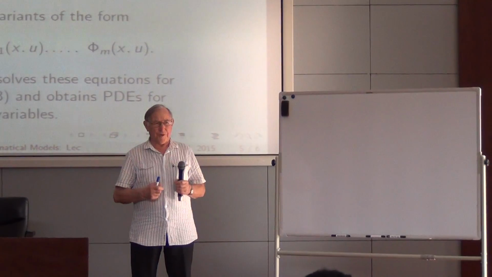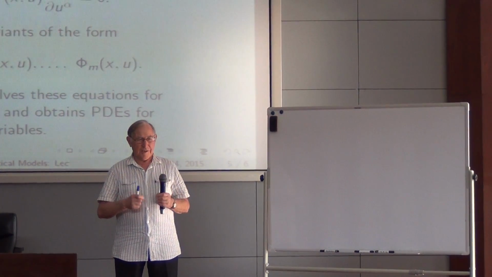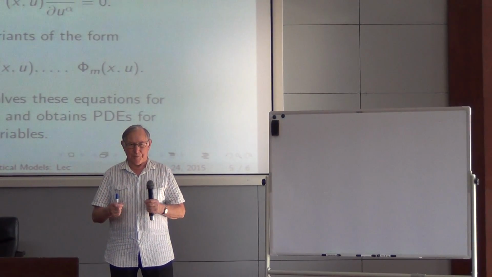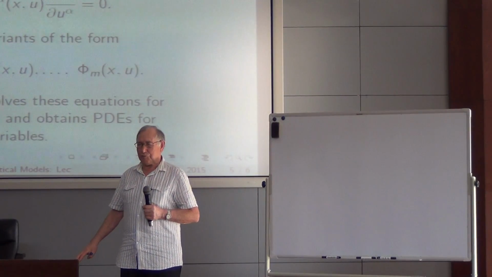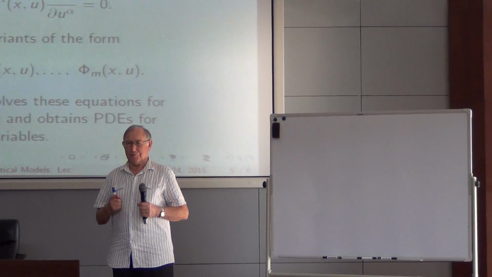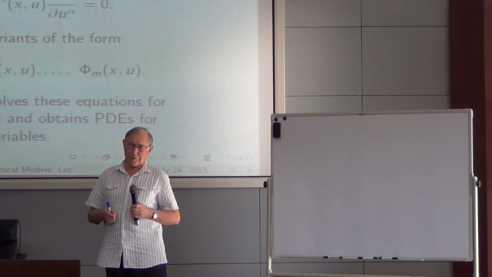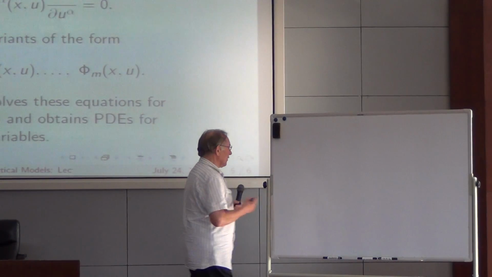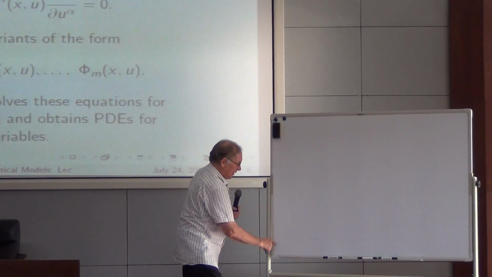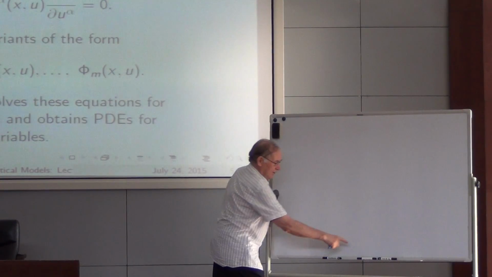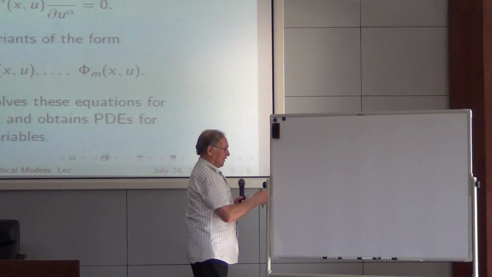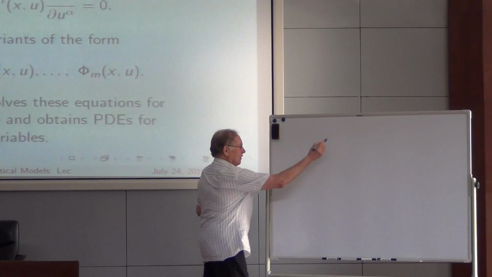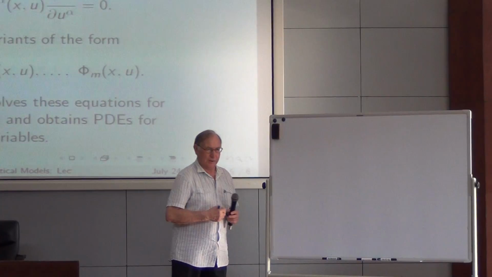Then the solutions of differential equations are curves in the space of dependent and independent variables. Simplest one is when you have one ordinary differential equation, first or higher order. So if you take x and y, x is independent here, y is dependent. Any curve, any solution, is a curve in this space.